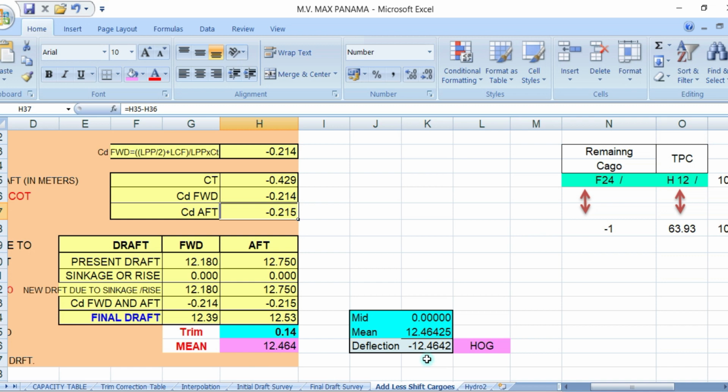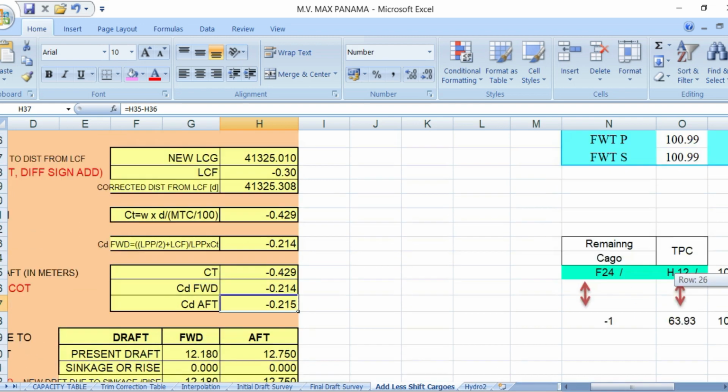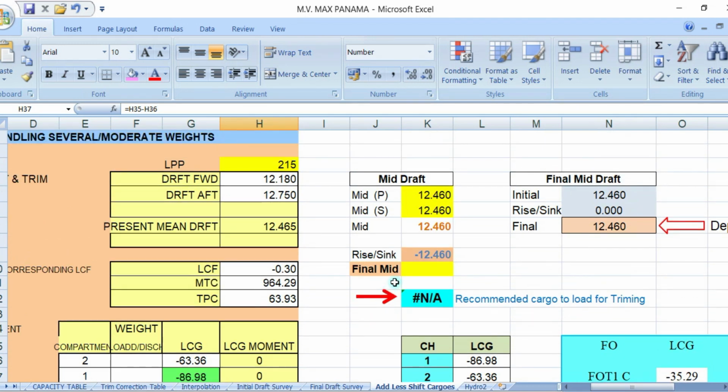Okay, now I will explain this one. Your midship draft. So actual midship will be 12.46.